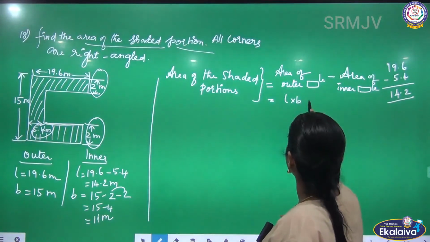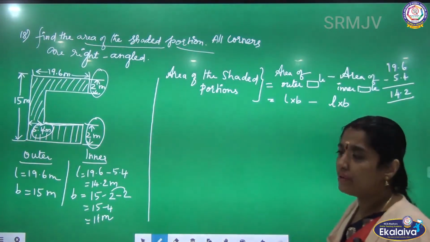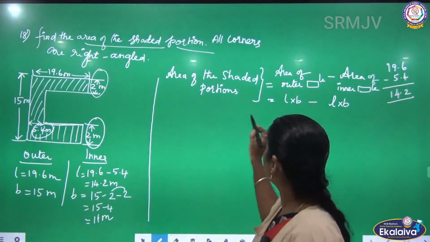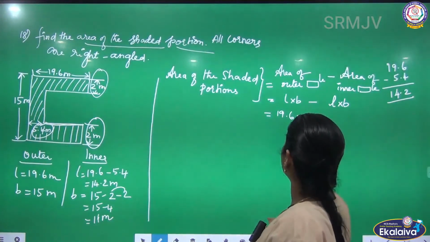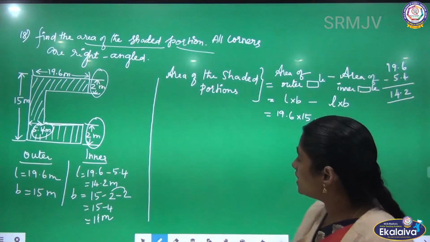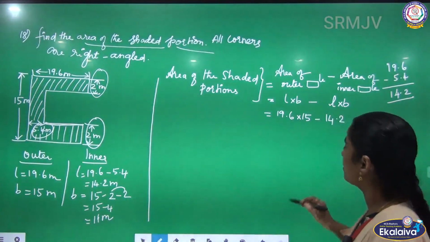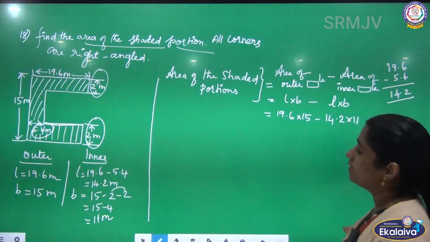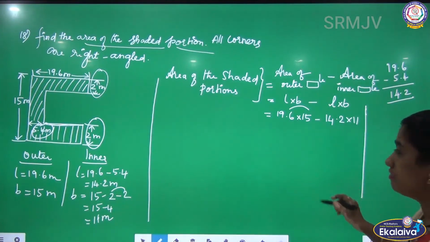Length into breadth minus, here also I am going to substitute the length into breadth formula. What is the outer length here? 19.6 into 15 minus what is the inner? 14.2 into 11. I am going to multiply 19.6 into 15.